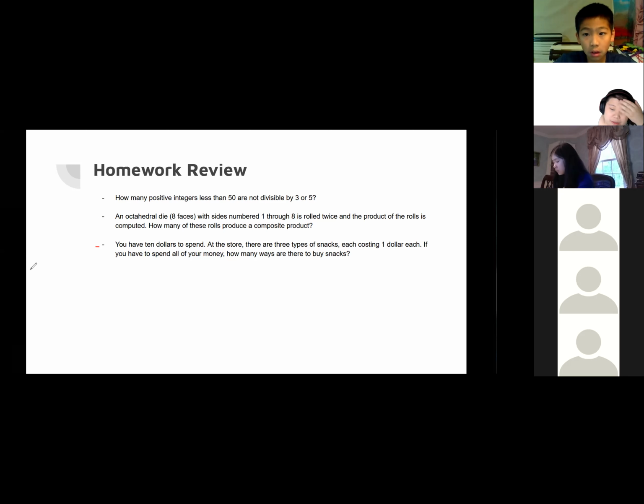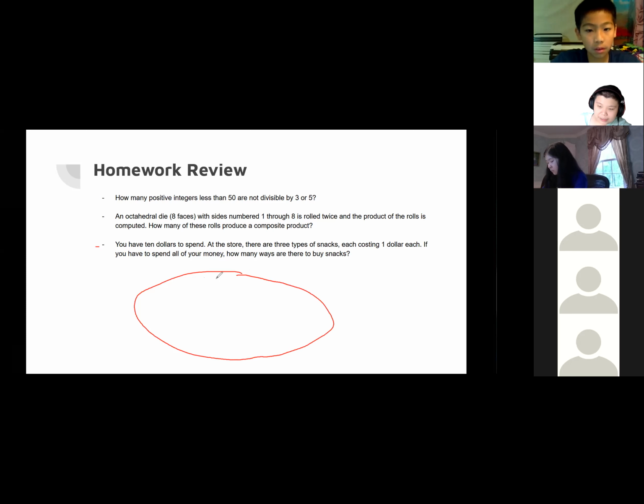For this problem, you need to use stars and bars because you're partitioning several objects into different groups. In this case, you have to put $10 into 3 types of stacks.